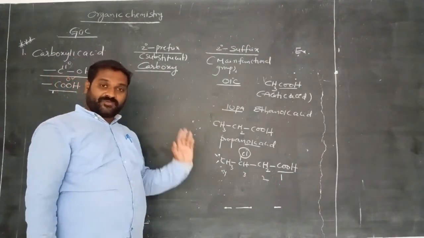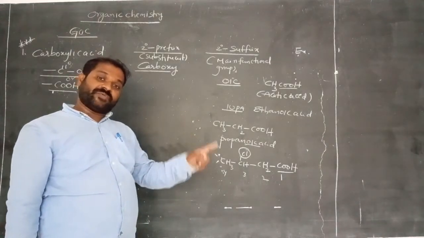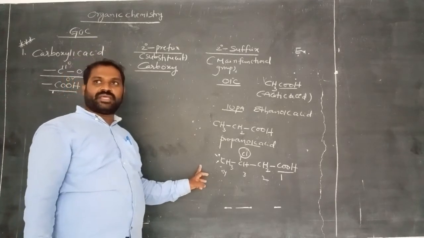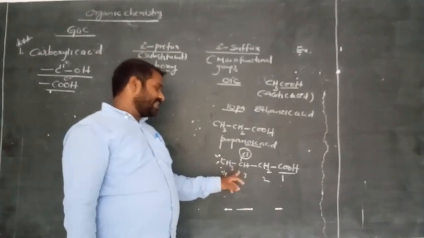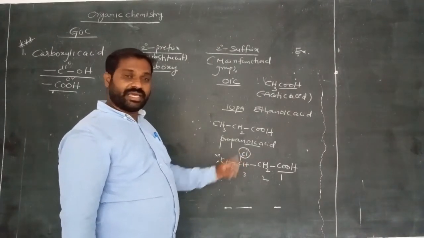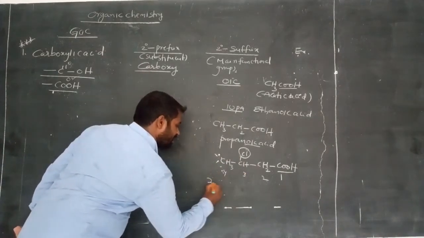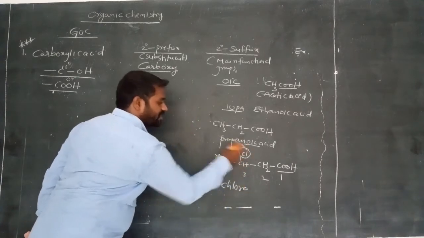That is primary prefix and secondary prefix, root word, primary suffix, secondary suffix. It is not cyclic, so the options are secondary prefix and secondary suffix. It tells about substituents. Is a substituent there or not? Clearly, chlorine. On which carbon? Third carbon. So the IUPAC name is 3-chloro. Why 3-chloro? On the third carbon one substituent is there.